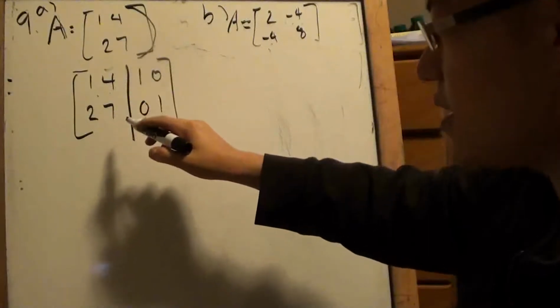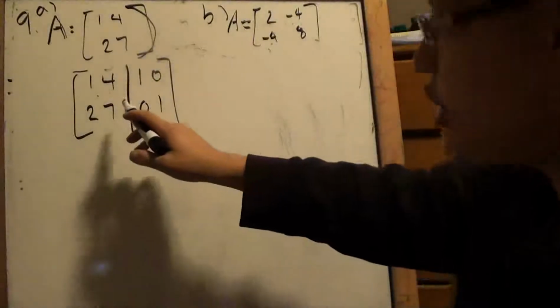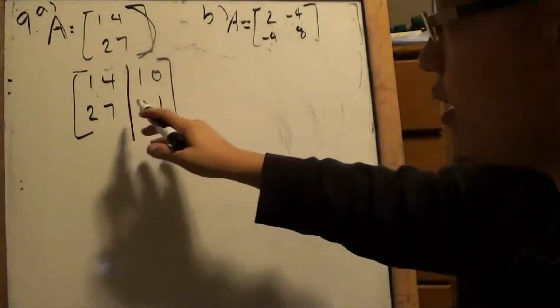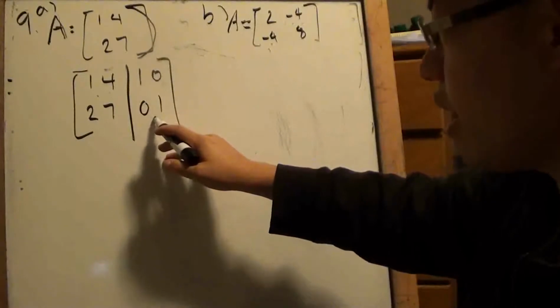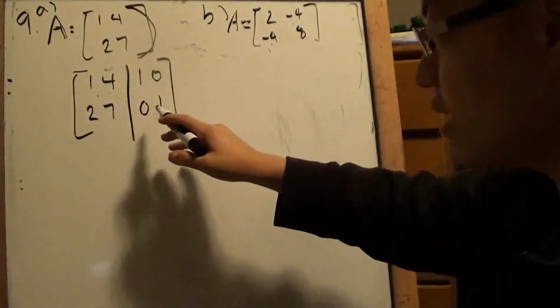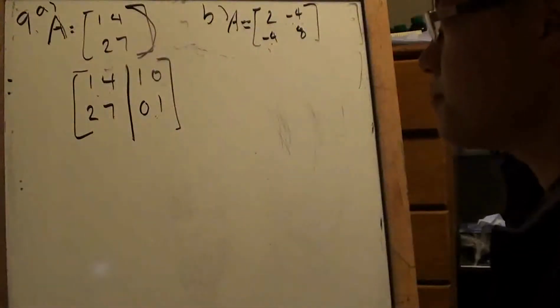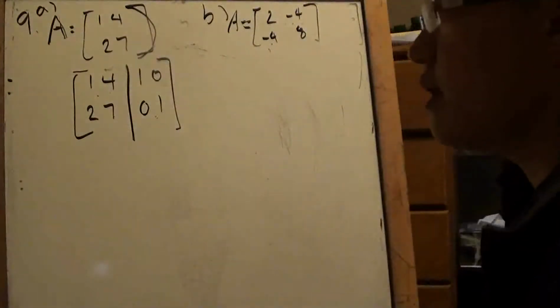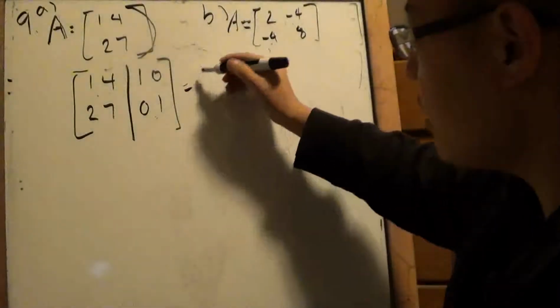I think it has to be reduced because you may not get an identity matrix. So reduce this as much as possible, then whatever changes you made with the elementary matrix, identity matrix, that will be your new inverse, right? Let's try doing that.